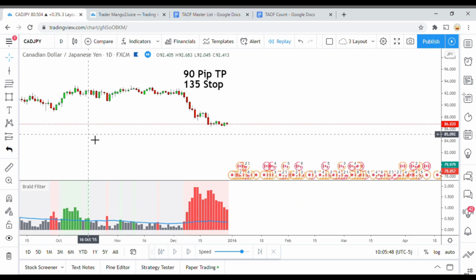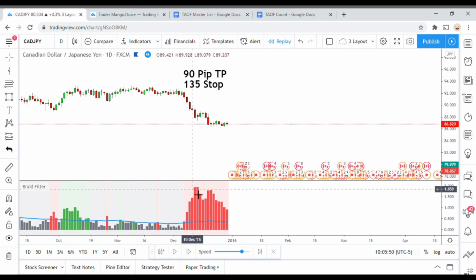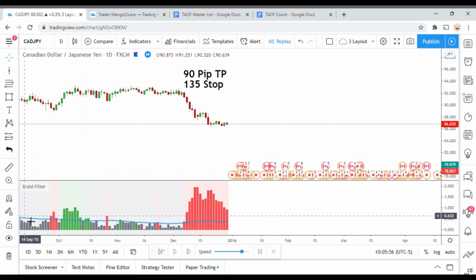The creator was pretty specific as to its intentions. When it's green, it is bullish. When it is red, it is bearish momentum. And you can see there is a line running through the middle of the indicator.